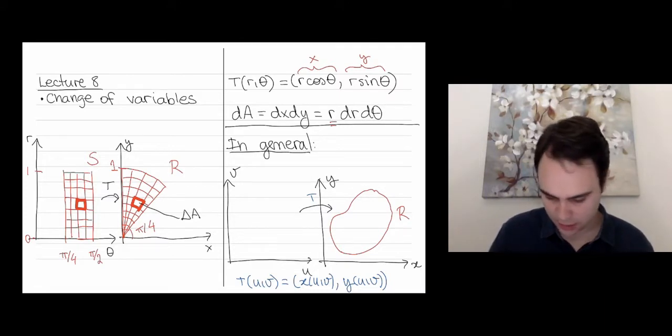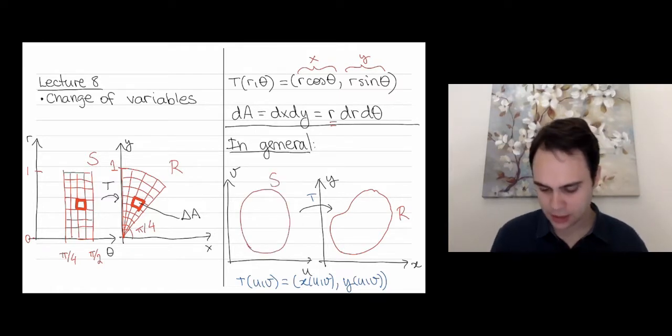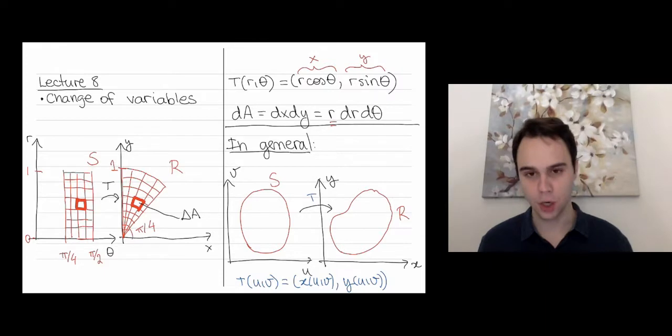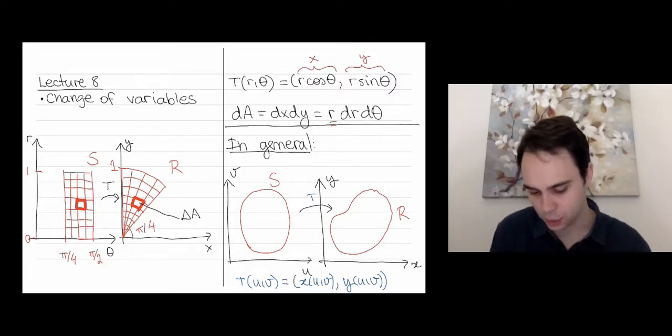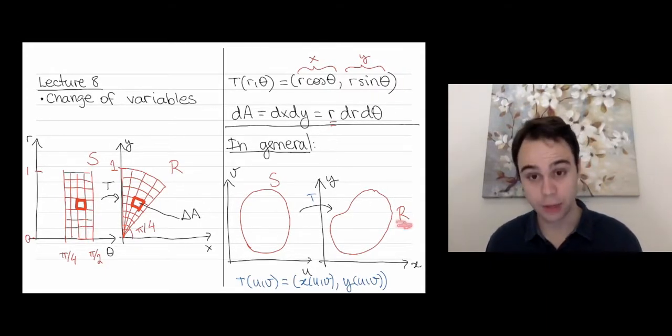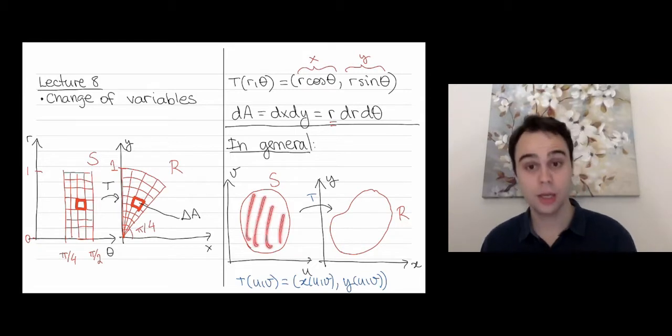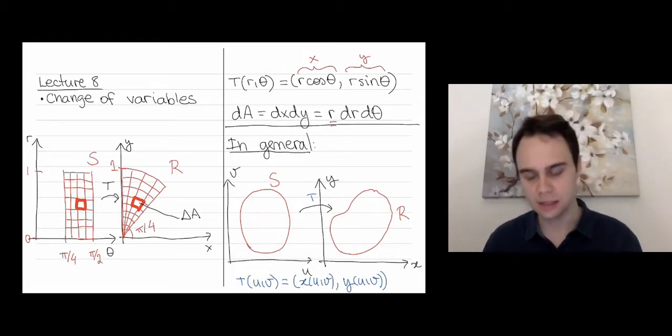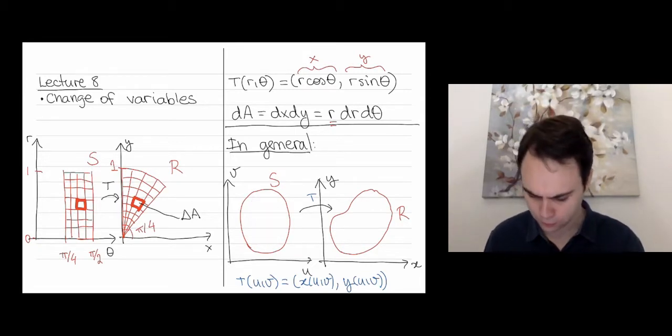I mean, in general, it could be a complicated shape. I'll draw S more round than R. So ideally, S would be simpler than R, and then it's easier to set up an integral over S than it is to set up an integral over R.